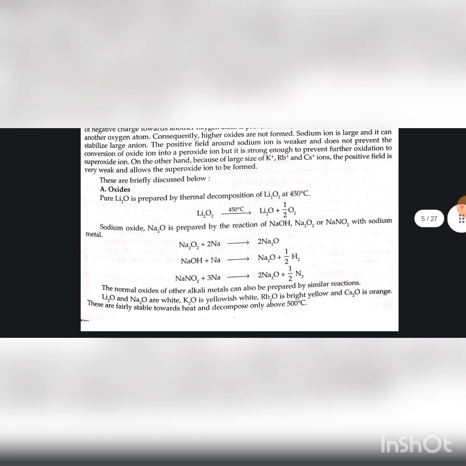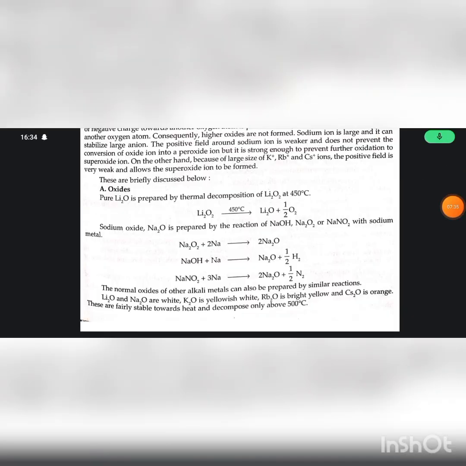First, oxides. Pure Li2O is prepared by thermal decomposition of Li2O2 at 450 degrees Celsius. Li2O2 at 450 degrees Celsius gives Li2O plus half O2. Sodium oxide Na2O is prepared by the reaction of NaOH, Na2O2 or NaNO2 with sodium metal.